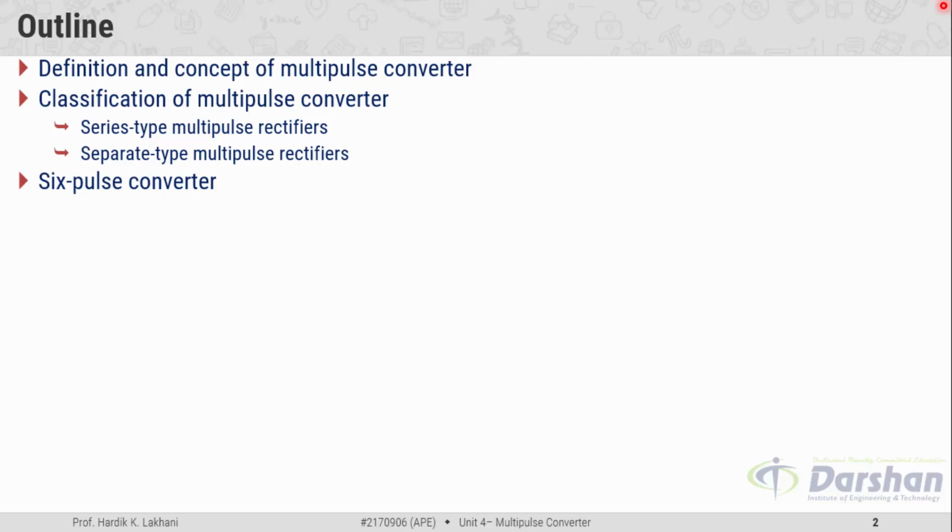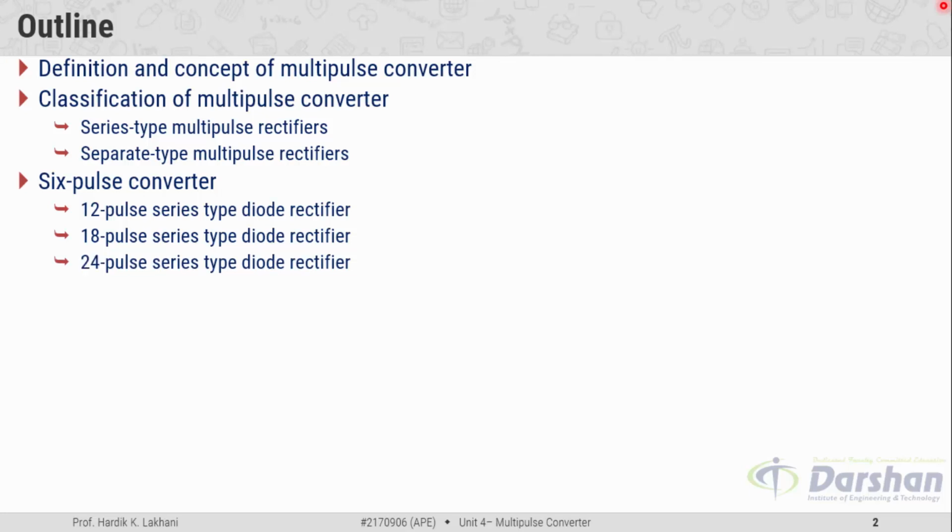The basic converter is the 6 pulse converter, and multipulse converter is always in the multiple of 6 pulses. After the 6 pulse, the next multipulse converter is 12 pulse series type diode rectifier. Thereafter 18 pulse series type diode rectifier and 24 pulse series type diode rectifier.